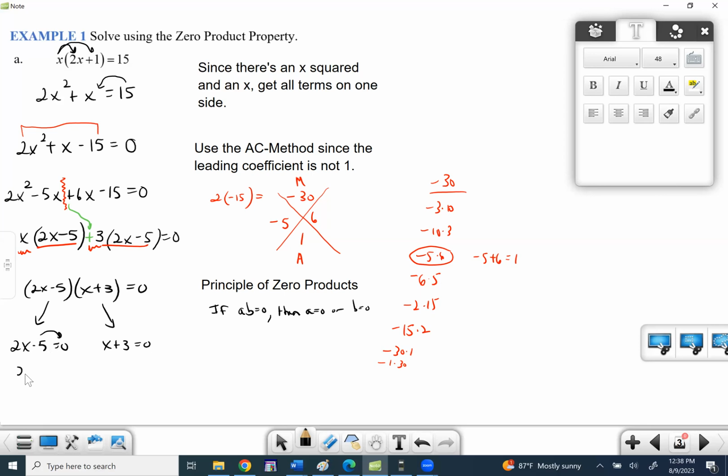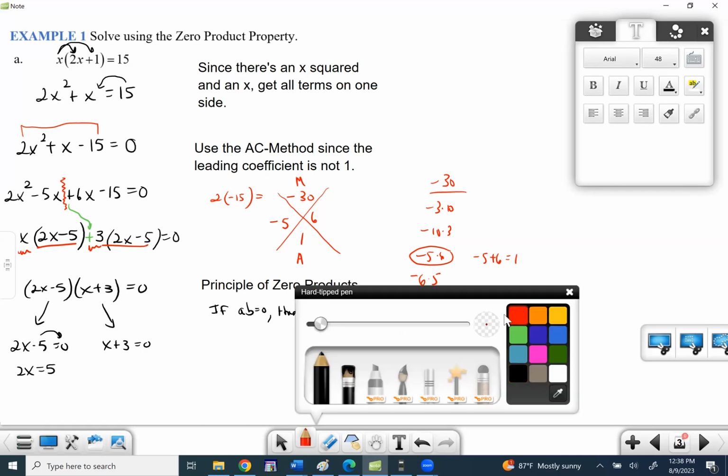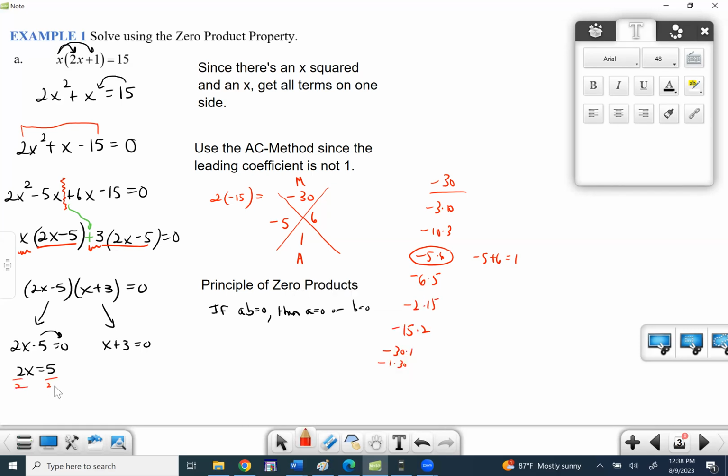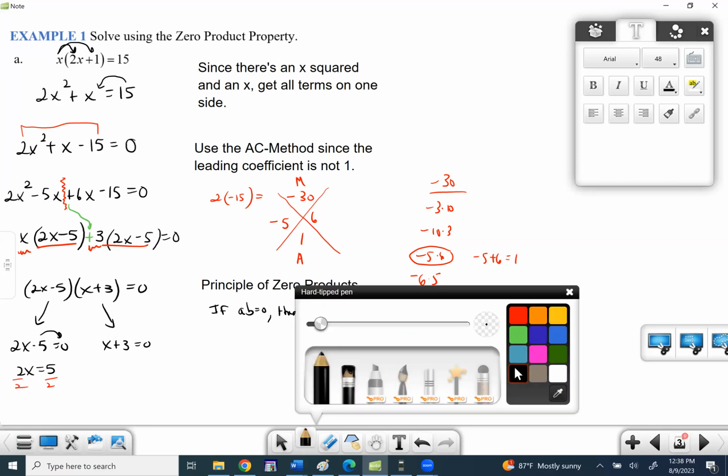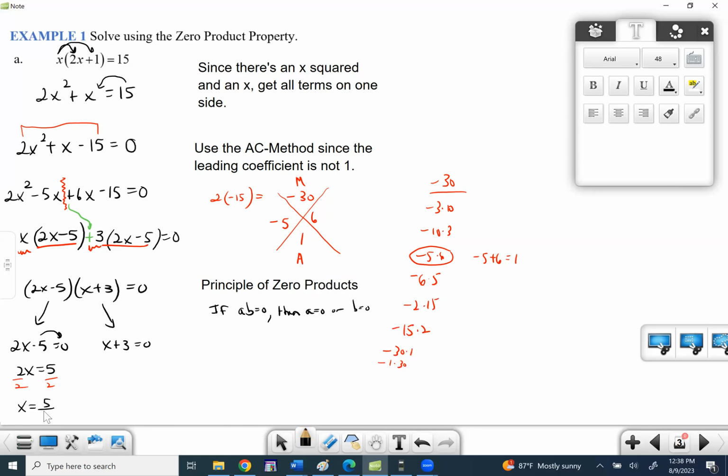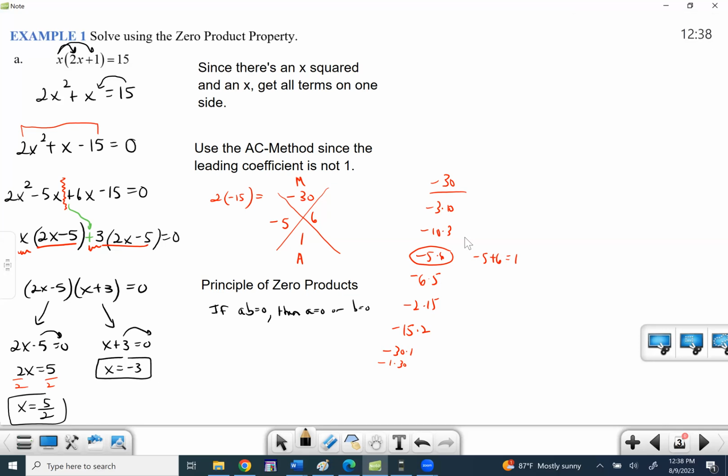You're going to add the 5 over, divide by 2, x equals 5 halves. And we'll move the 3 over, changing its sign. X equals negative 3.